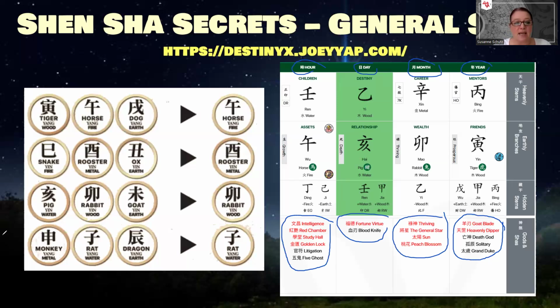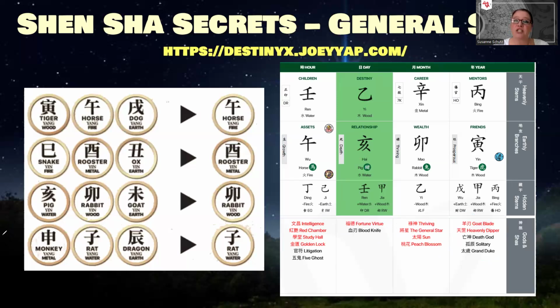You don't necessarily need the formula, but in any case, the formula for the general star is very simple. You need to look at your day branch, that is the animal sign in your day. So what animal sign do you have here? That is the reference point. In this particular case, it's the pig. If you have the pig as your day branch, then your general star would be in the rabbit.